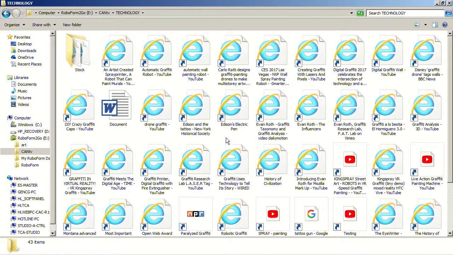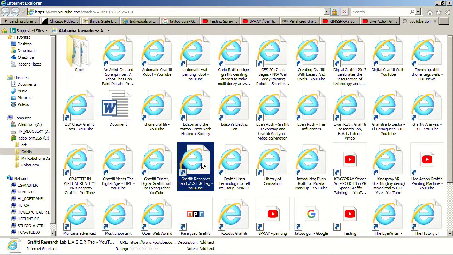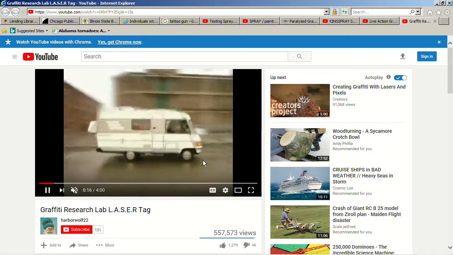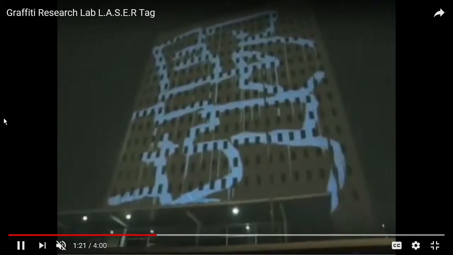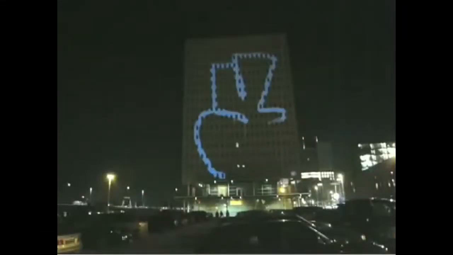But here is another artist that takes graffiti forms and they utilize lasers and technology to deliver different aspects of graffiti and graffiti-based art forms. So what they do is they paint on a large scale, and it challenges perception.